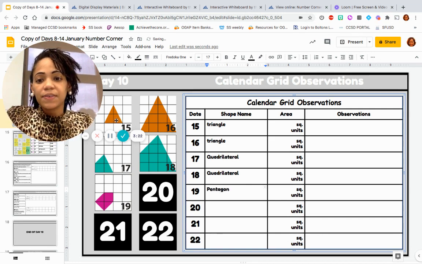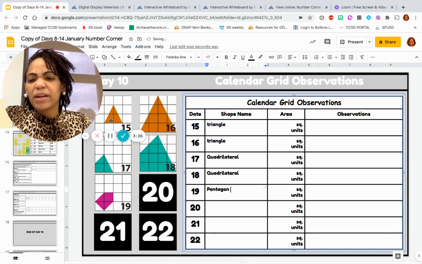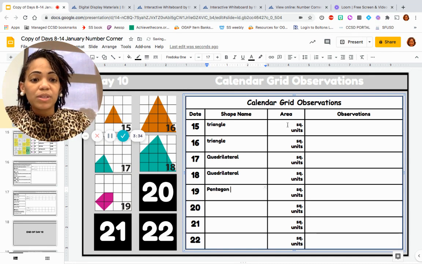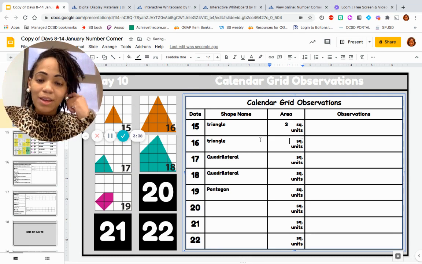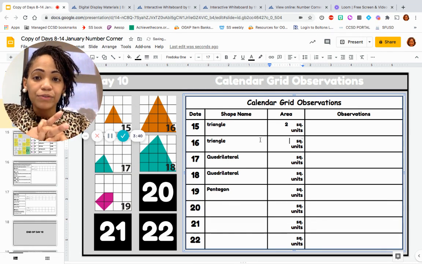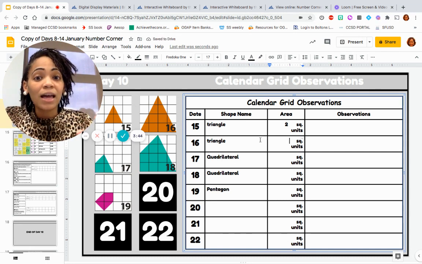All right, so let's figure out the area for this triangle. So we have about 3/4, another 3/4, and then 1/4, 1/4, which would give us 2 wholes. And then if you think back to our pattern from earlier, I believe that the second shape was always 4 times that of the first.